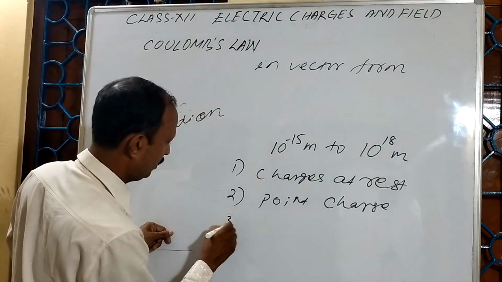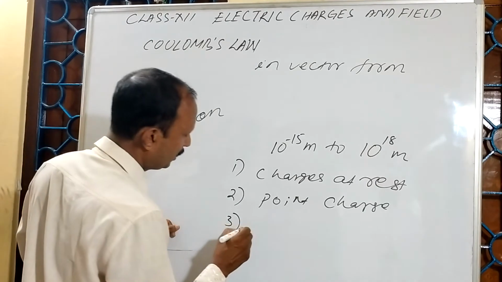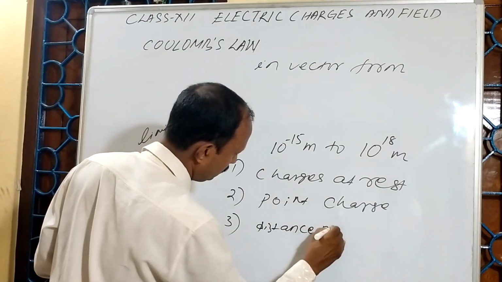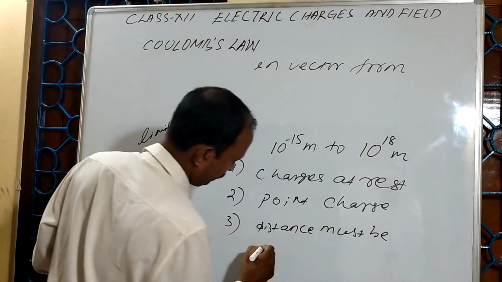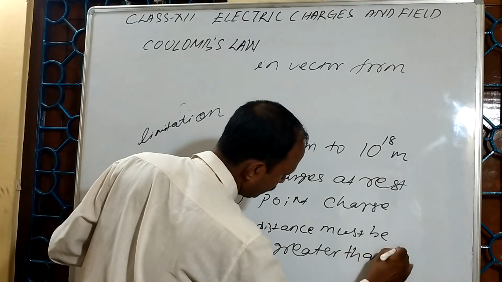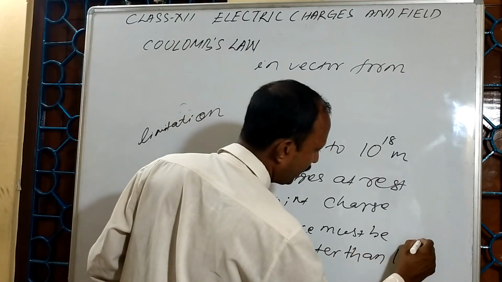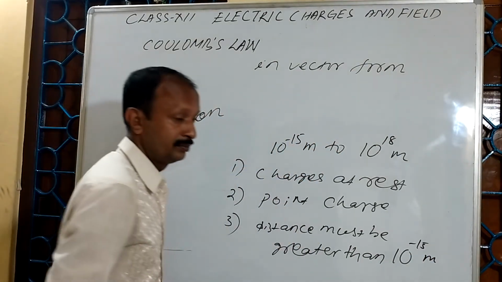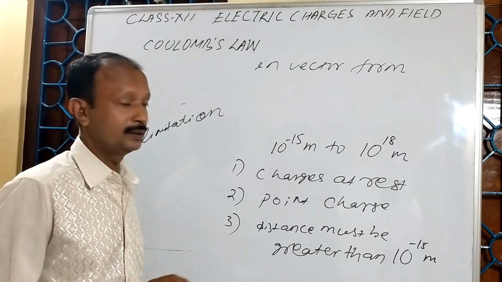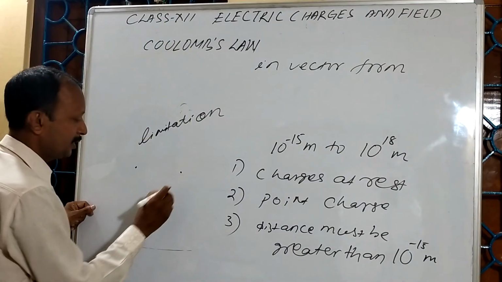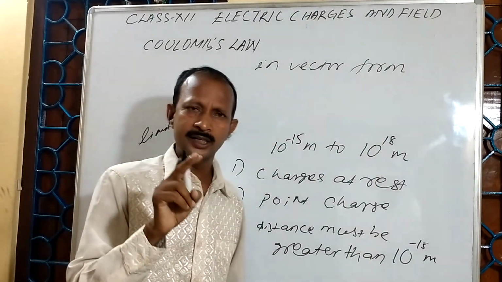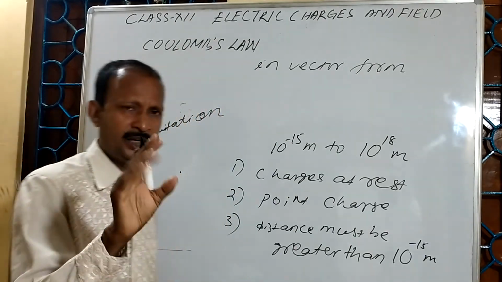So third limitation, the distance must be greater than 10 to the power minus 15 meter. If it is less than 10 to the minus 15 meter, what will happen? See that when two charges are there, two types of forces are there. One is the gravitational force, second one is the electrostatic force.